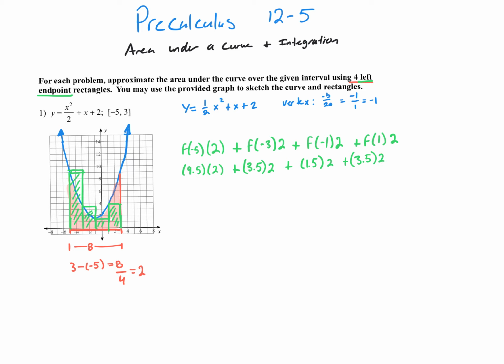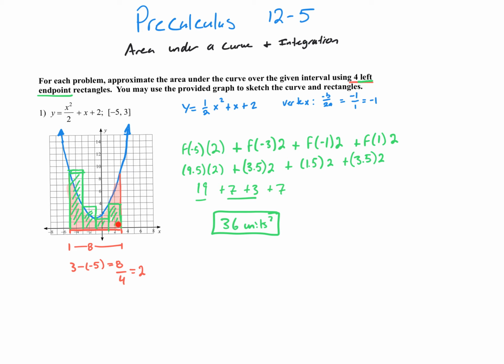So that's going to be 19 plus 7 plus 3 plus 7, so it's going to be 10, 29, 36 units squared. So just to estimate, that area is going to be approximately 36 units squared.